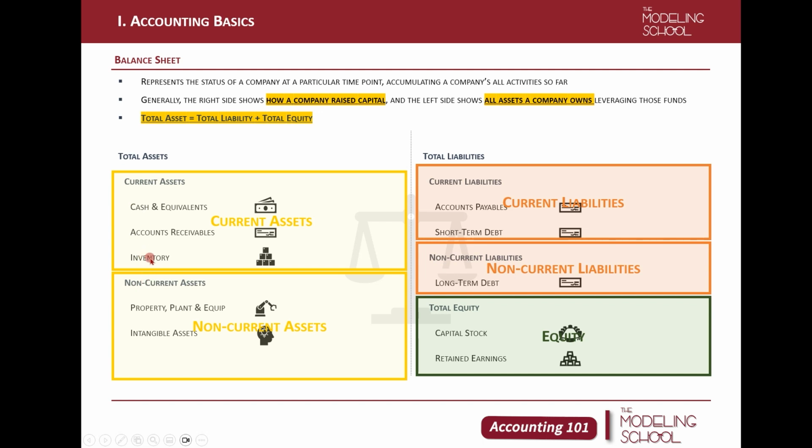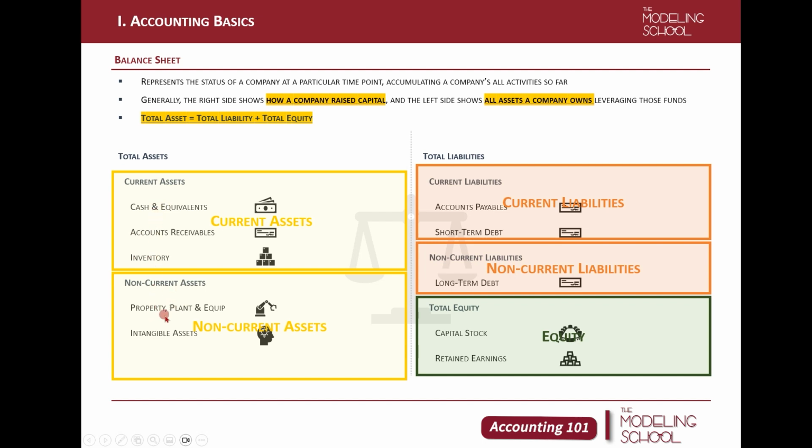In order for inventory to be converted into cash, it first has to be sold. And if it's sold on credit, it becomes accounts receivables, and it takes time to be converted into cash. So it's a little bit further from cash and equivalents.